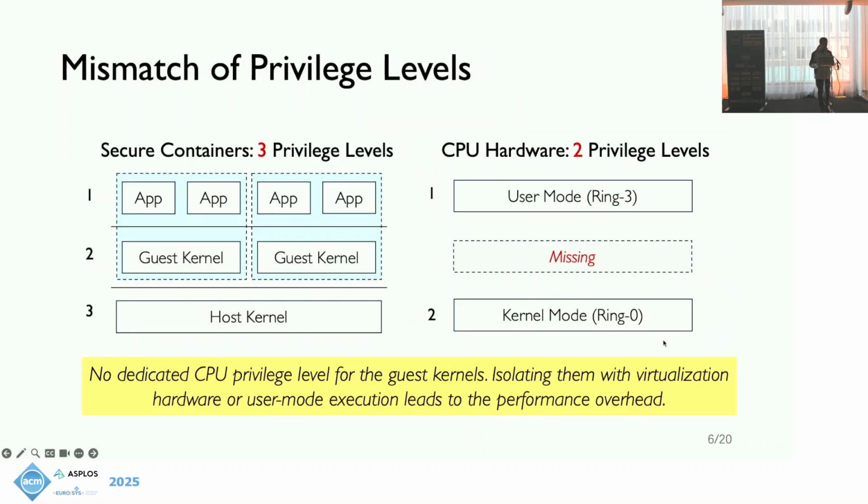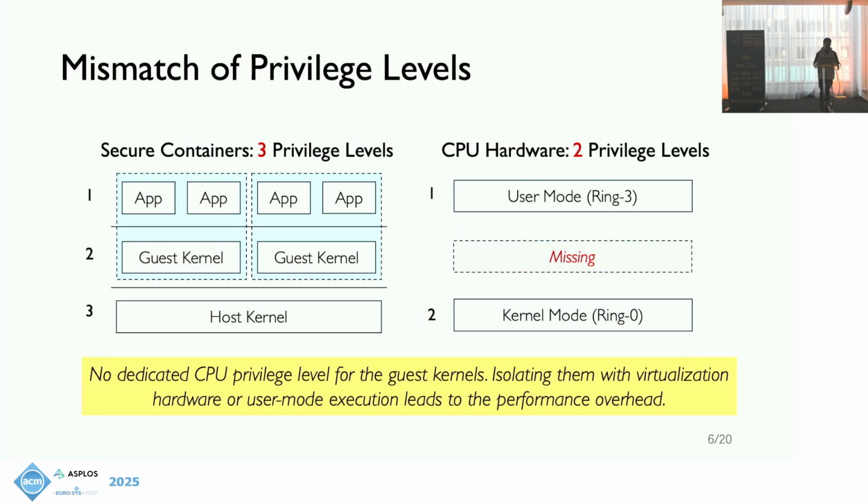We observe that the overhead of HVM or PVM stems from a mismatch of privilege levels. The secure container architecture requires three privilege levels. The host kernel isolates multiple guest kernels, and each guest kernel isolates multiple application processes. And the CPU hardware only provides two privilege levels, CPU ring 0 for the OS kernel and CPU ring 3 for user applications.